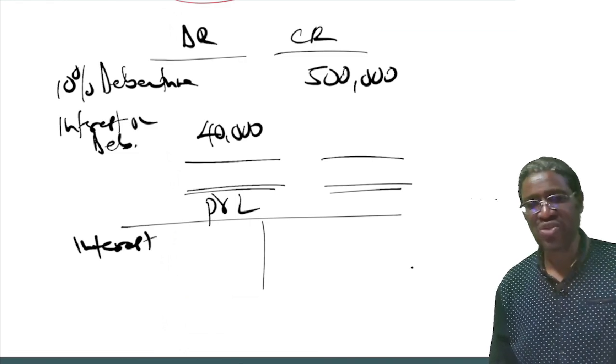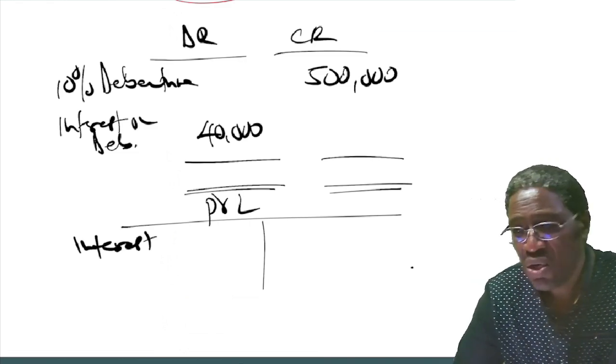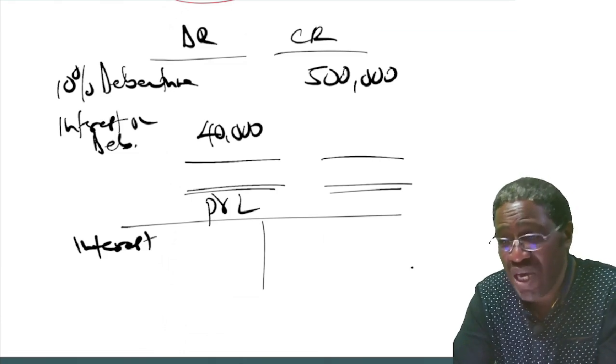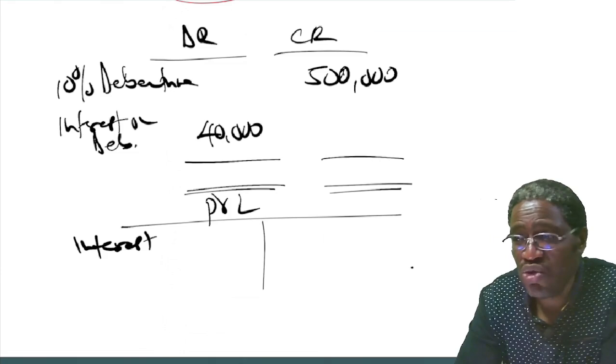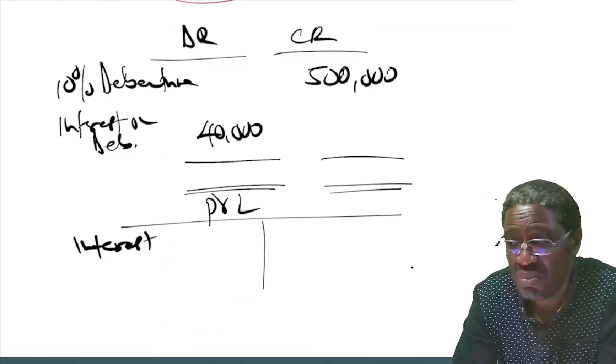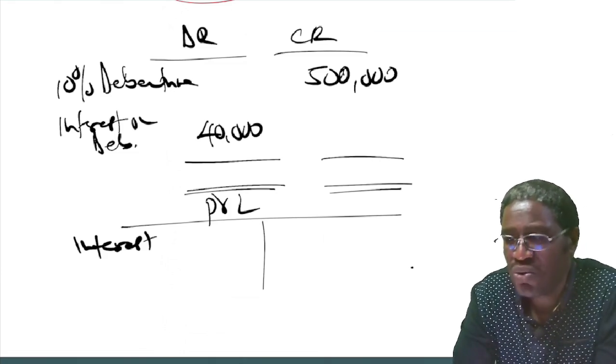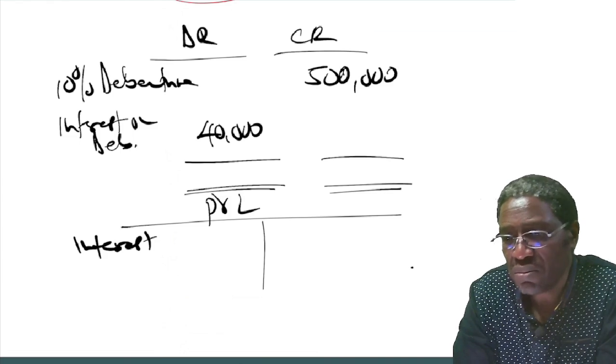So look at this illustration and give me what you think should be the charge for the year for interest. When you are preparing the income statement for this company, how much would you charge as interest?